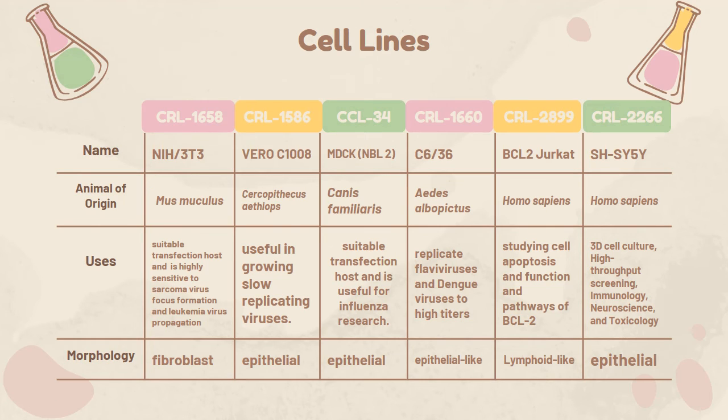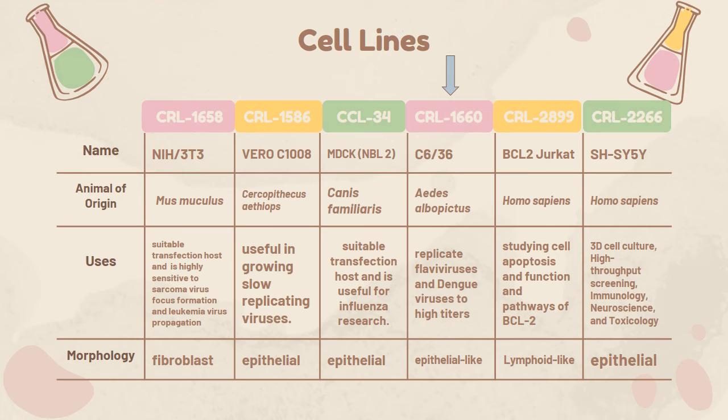We shall now go on to the different cell lines from the American Type Culture Collection. ATCC collects, stores, and distributes standard reference microorganisms, cell lines, and other materials for research and development. The table shown on the screen summarizes the different cell lines that were assigned to each group in our class.